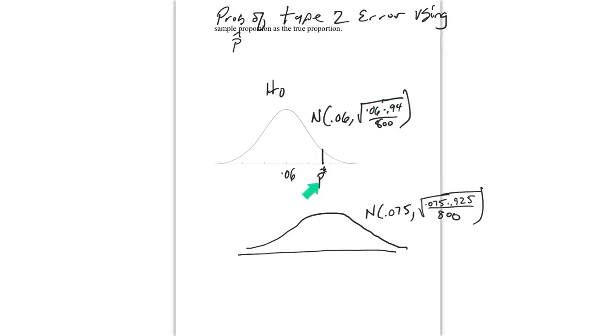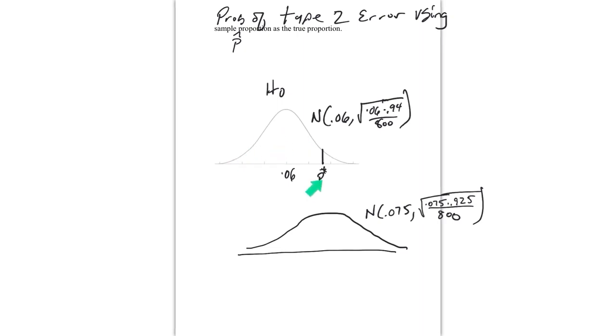We are trying to figure out what P star will give us a reject proposition. In order to calculate P star, if our alpha was 0.05, then the area to the right of this P star will be a reject proposition. Anything to the left will be a fail to reject proposition.